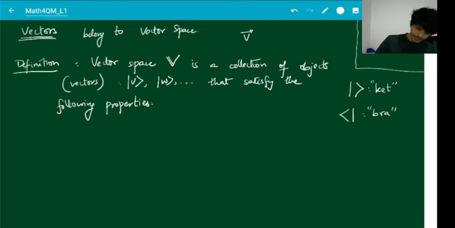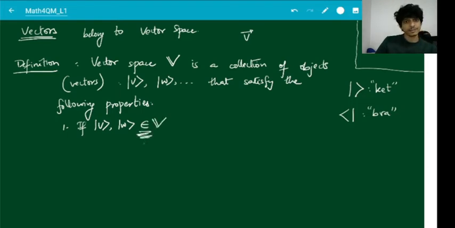So for example, what are these properties? If V and W are vectors in this vector space, you know this notation, right? Belongs to the set. So if V and W are vectors belonging to this vector space, then their sum must also belong to the vector space.